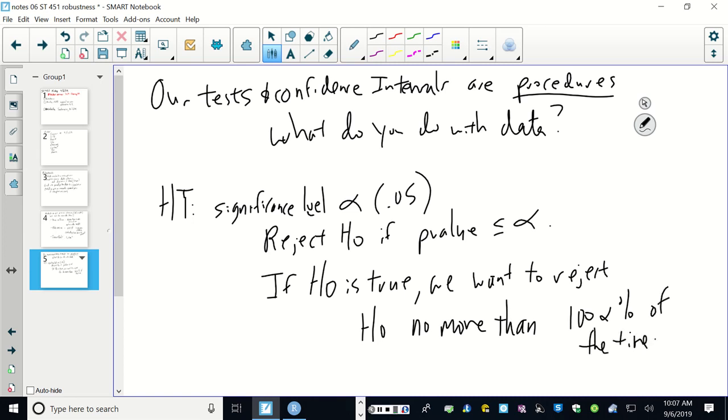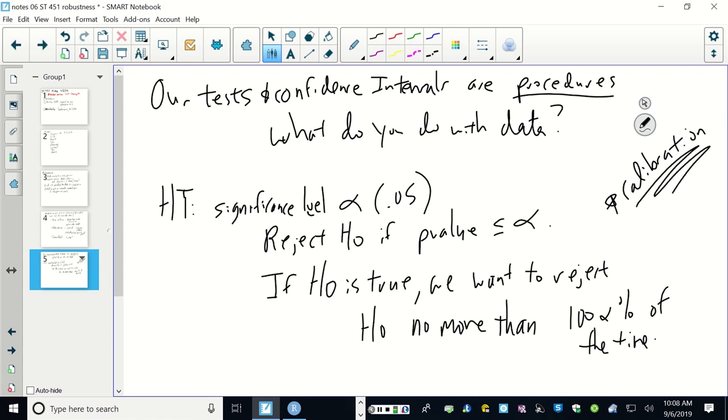So we want our rejection to be no more than 5% if the null hypothesis is really true. And if it's rejecting more often, that's not really calibrated to our procedure. Right? So I'll just write a word here, calibration.